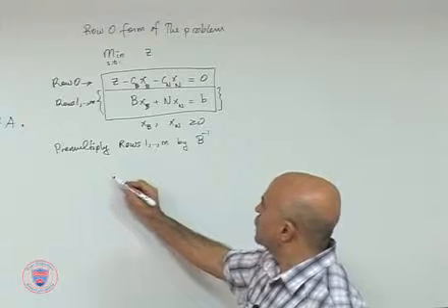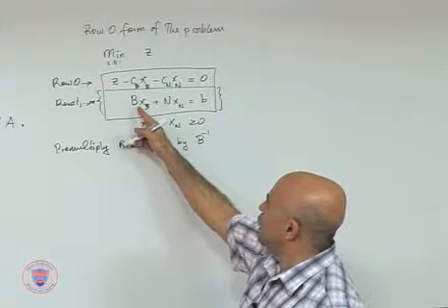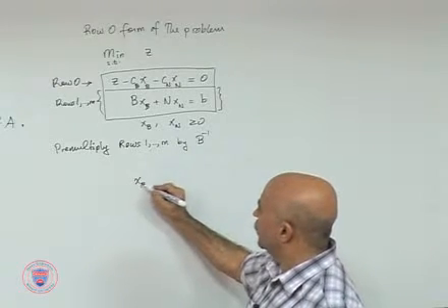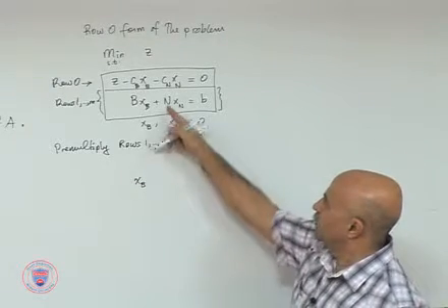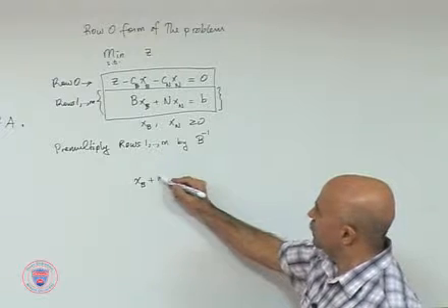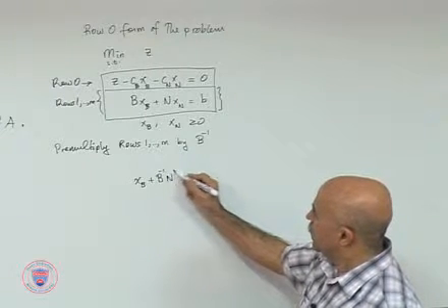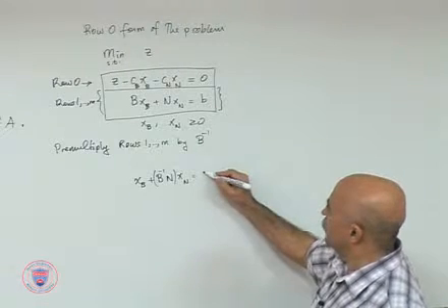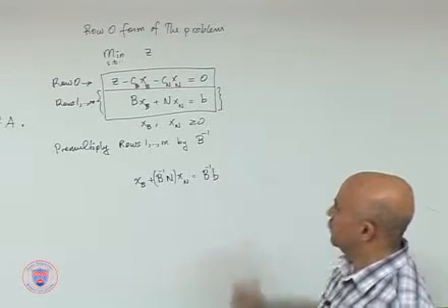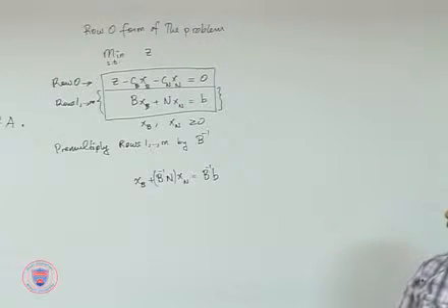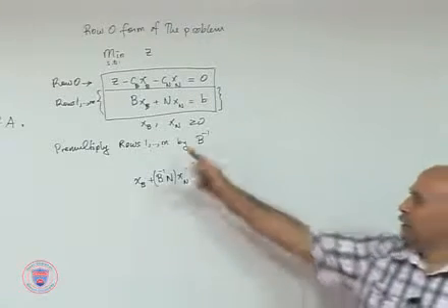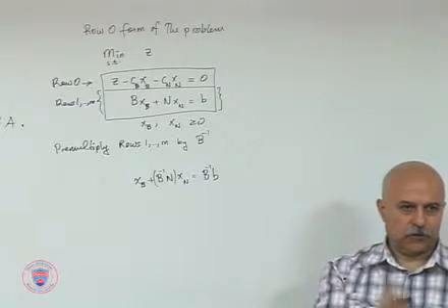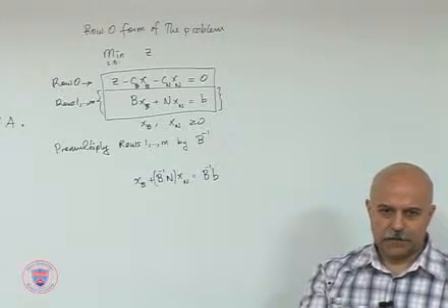What you get is B inverse times B, which outputs identity, so that part gives you x_B. And then you have B inverse N x_N here. And on the right side, you have B inverse b. That's what you get. And the non-negativity, I'm just keeping track of that on the side, so we're not doing anything with that. Okay?